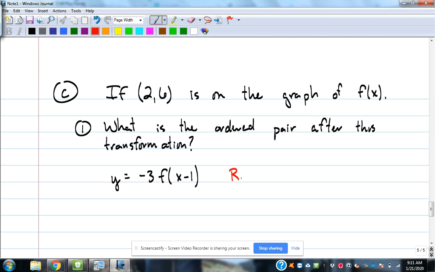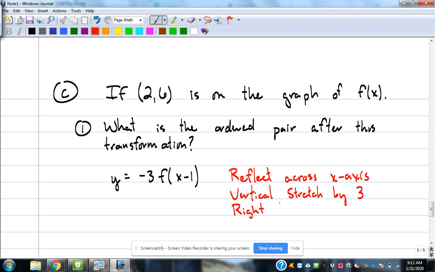Okay, so there's a reflection across x-axis, vertical stretch by 3, and then what else? To the right 1. All right, so we're going to take those transformations and apply them to that ordered pair.